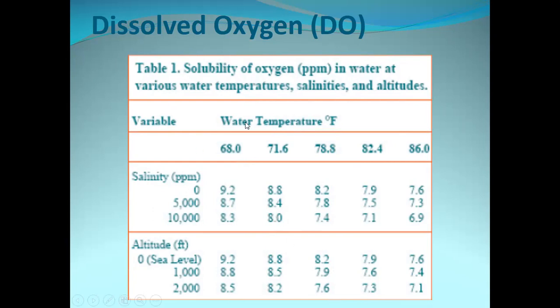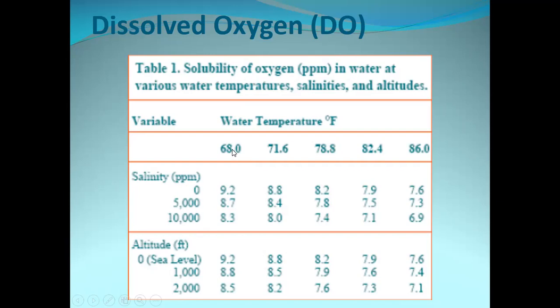Let me say you look at a temperature of 68 degrees Fahrenheit. At a salinity of 0, water will have 9.2 ppm of dissolved oxygen. ppm is a measure of concentration, so you have 9.2 parts per million of dissolved oxygen. At an altitude of 0, which is sea level, you retain this 9.2 ppm.